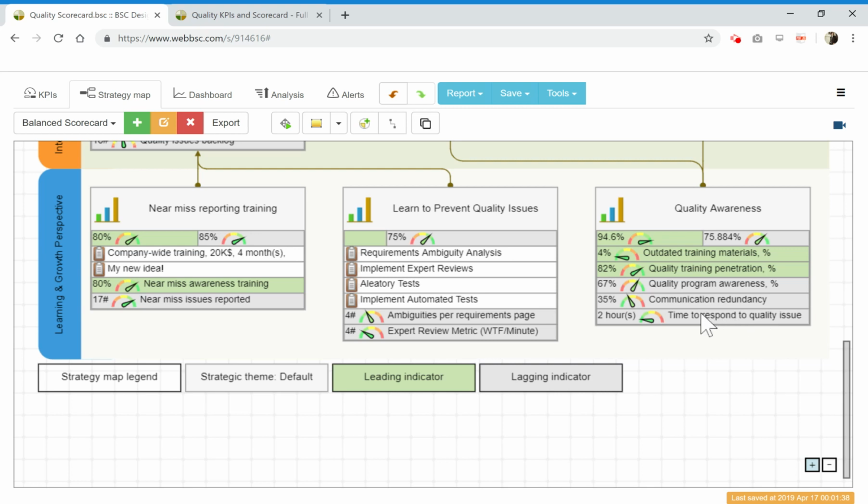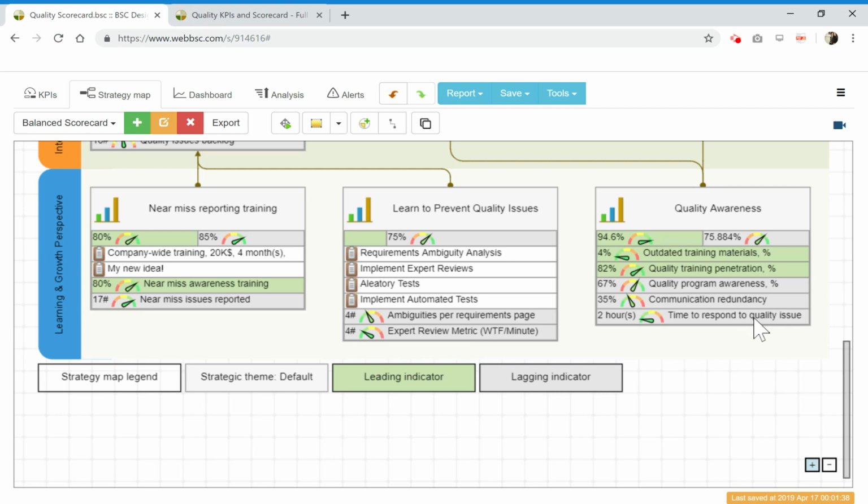The next question that I wanted to explain using this example: for the lagging indicators, we have two indicators that are measured in percent, like quality program awareness and communication redundancy, but we have one indicator that is measured in hours, time to respond to quality issues.